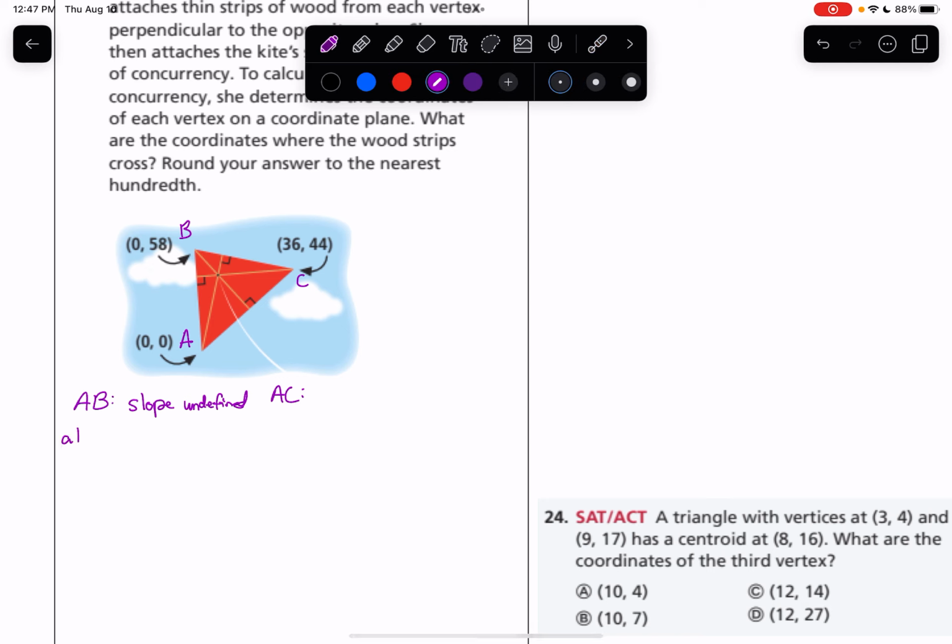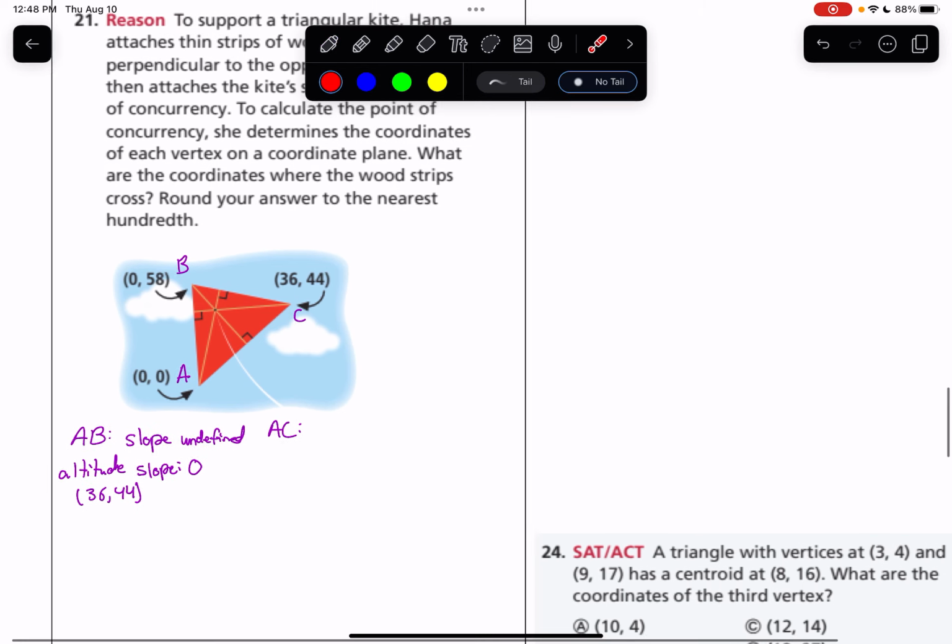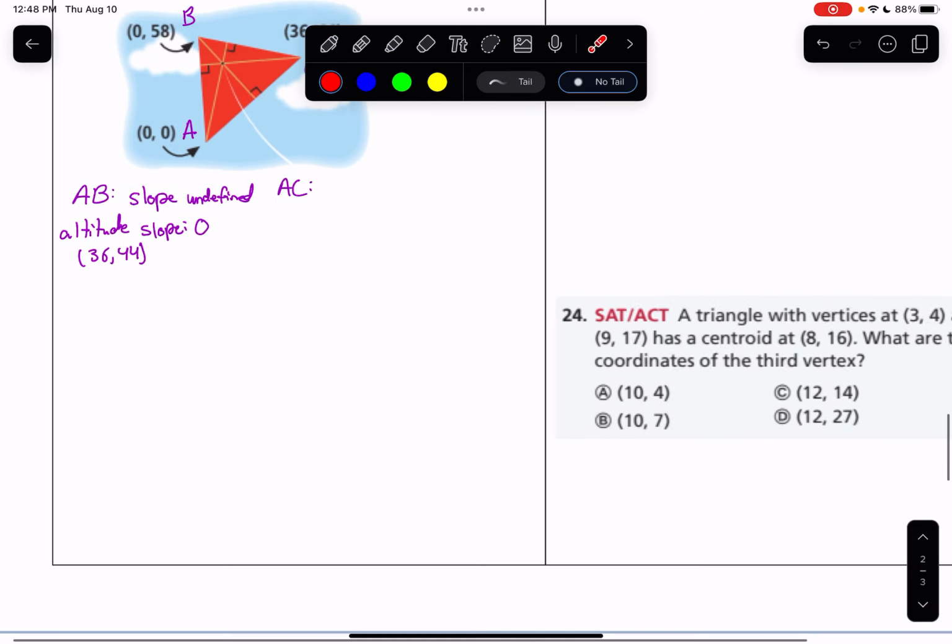So altitude slope would be the opposite reciprocal of undefined, which is 0. And then we have to take a look at a point on the altitude of this line, and that's 36, 44. So the point 36, 44 is on that line. And since it's a line with a slope of 0, it's a y equals a number line. Y equals, let me bring this down here and make it bigger.